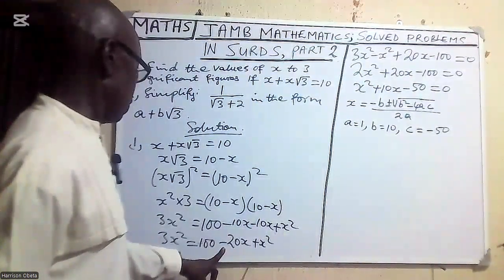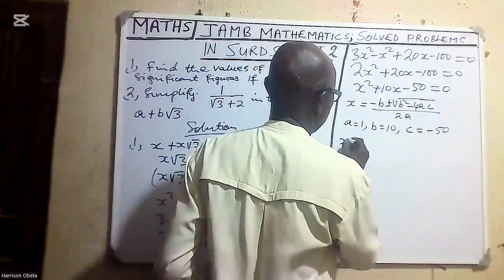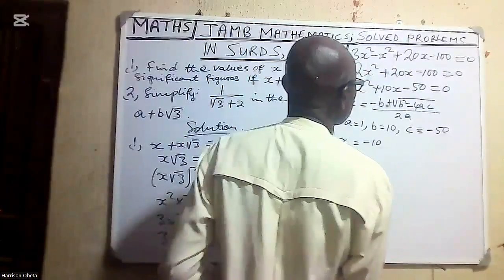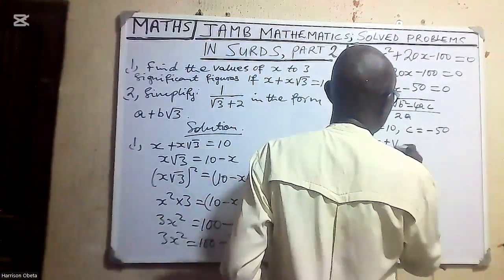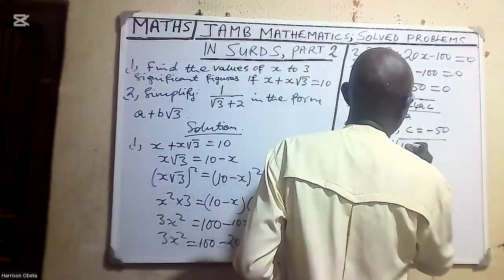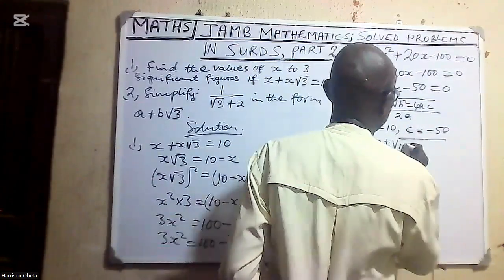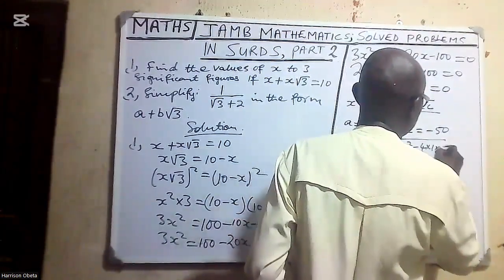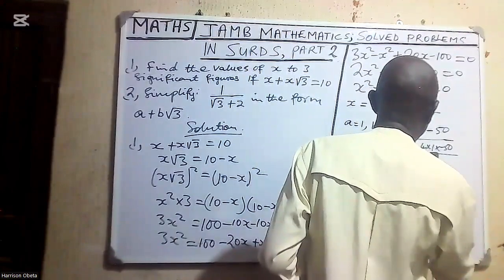In continuation, we have x equal to minus 10 plus or minus square root of 10 squared minus 4 times 1 times minus 50, everything over 2 times 1.